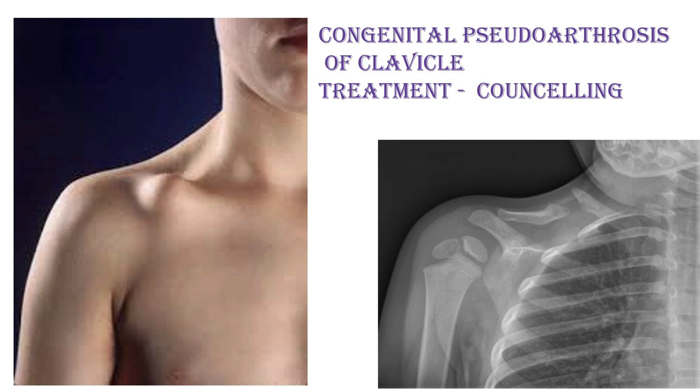The clavicle is the first bone to ossify, with the ossification center appearing in 45 days of intrauterine life. There are two ossification centers for the clavicle, one for the distal and one for the proximal end, and these may not unite, so it can go into congenital pseudoarthrosis of the clavicle.